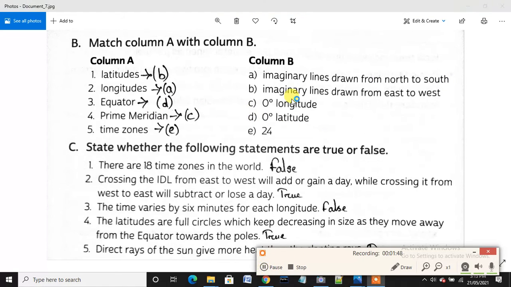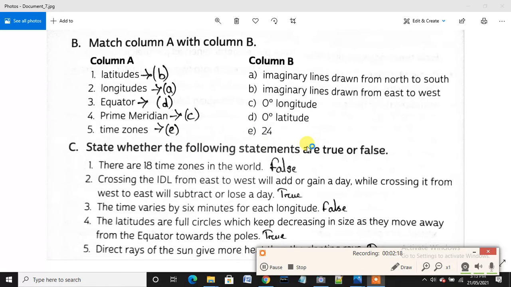Again, once more I am repeating, you have to write in a straight way. Latitude will be number B, imaginary lines drawn from the east to west. Longitudes will be number A, imaginary lines drawn from the north to south. Equator will be number D, 0 degree latitude. Prime meridian will be number C, 0 degree longitude. Time zones will be number E, 24.